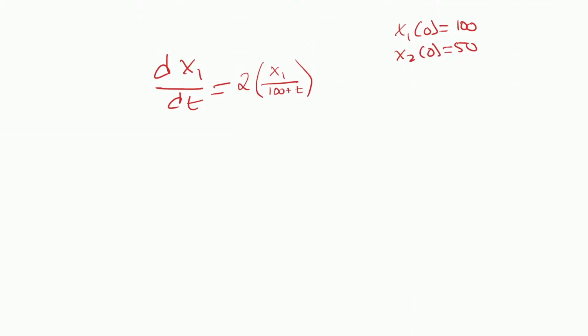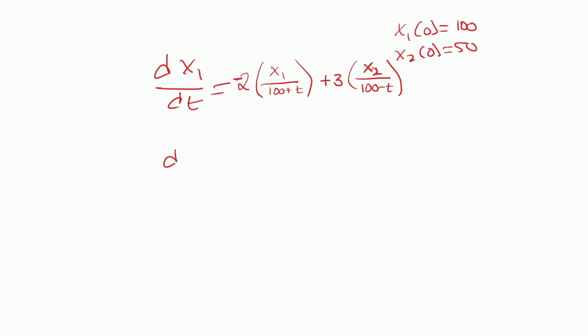And then you're going to subtract, or wait, that's minus. That's 2 gallons flowing out of the tank. And then into the tank, there are 3 gallons times x2, however much salt is in tank B, divided by 100 minus t.